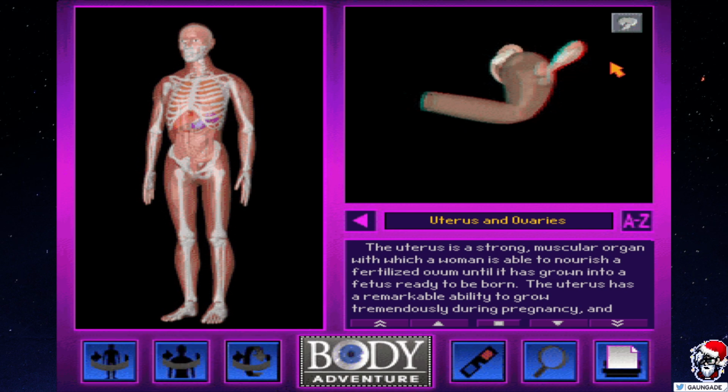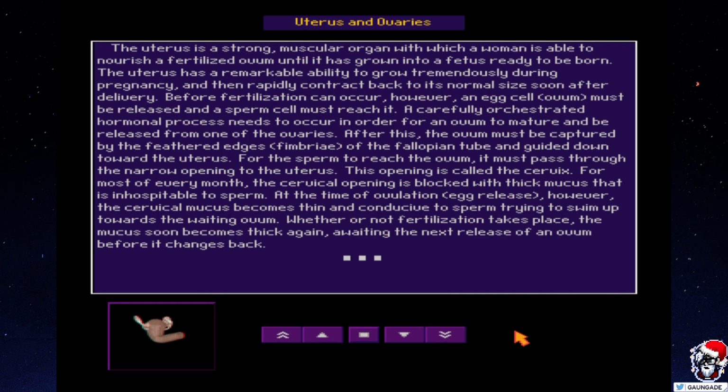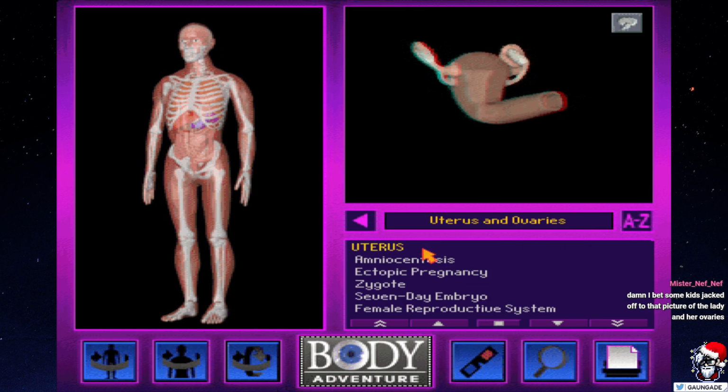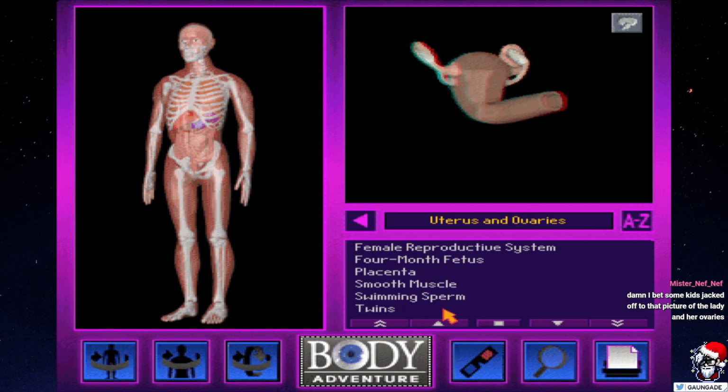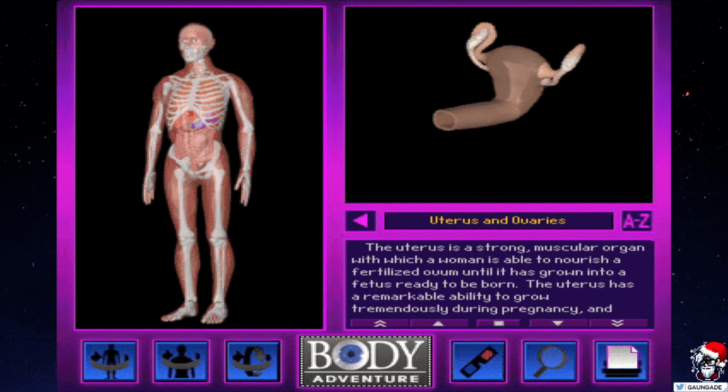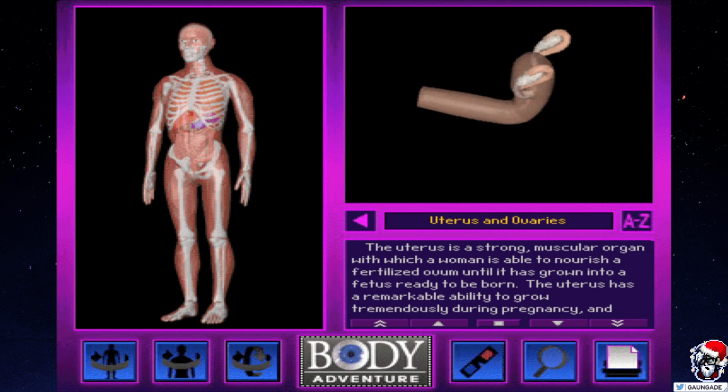What the fuck is this? Whoa! Please. Uterus and ovaries. This is not read out loud?